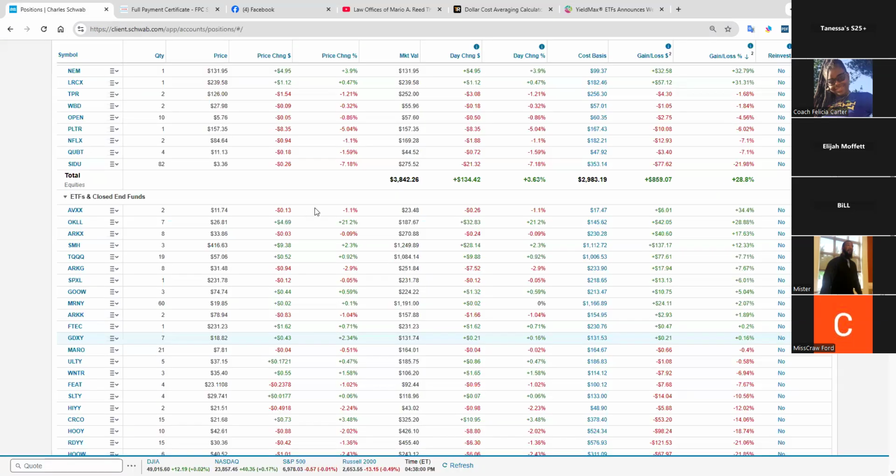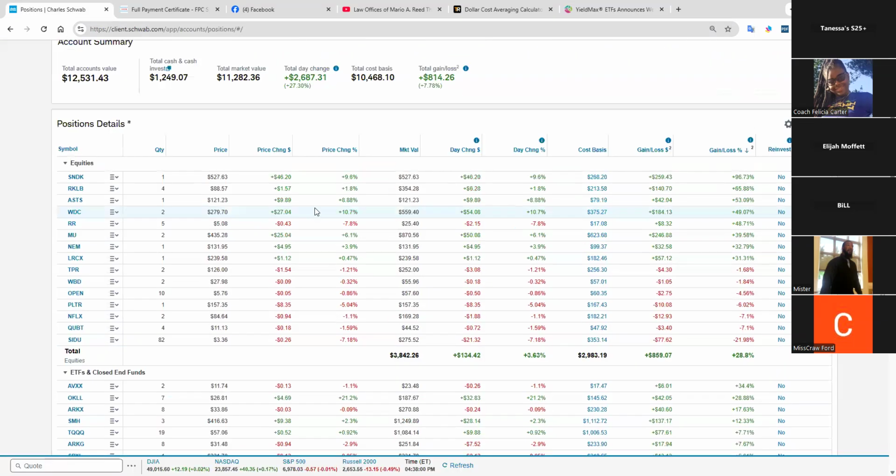All right, so now I went and I purchased the high yield dividend paying funds. Now it's time to turn our attention to equities, what are known as individual stocks, growth stocks, and even growth ETFs. What are our growth stocks? As of right now, I don't know of a better growth stock than SanDisk.